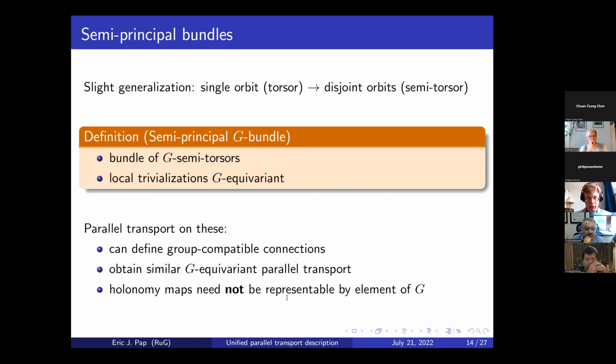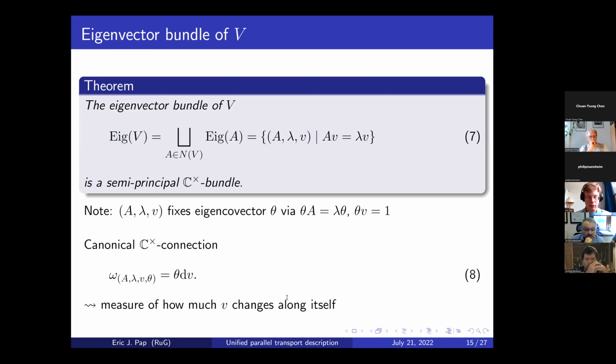Okay, so this sets the stage. Now we want to show that this eigenray bundle fits this description. And again, the most convenient way is to take the Hamiltonian out, and we get the eigenvector bundle of the vector space. Again, this is just picking a name. So similarly, to every non-degenerate operator, we attach the set of eigenvectors, which means I'm going to look at tuples: operator, eigenvalue, eigenvector.